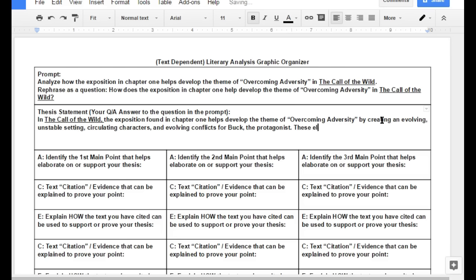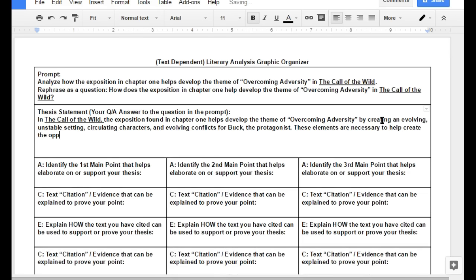These elements are necessary to help create the opportunity for Buck to experience the obstacles necessary for him to, that's going to be kind of redundant.